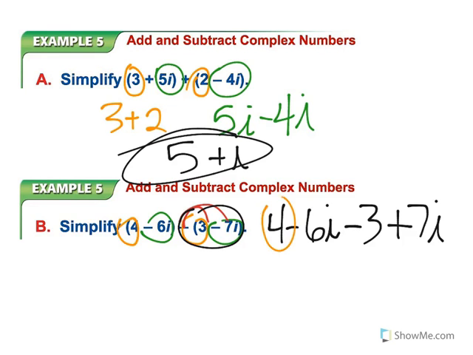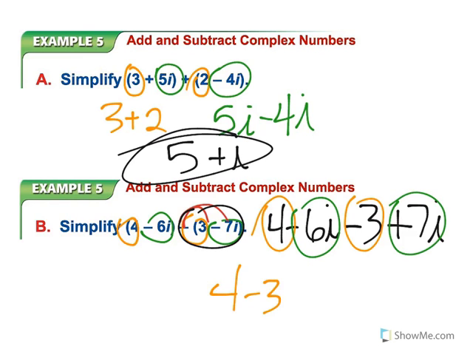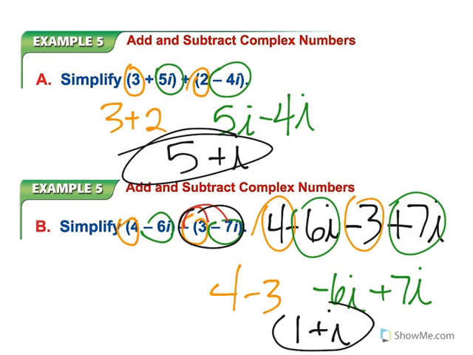Again, we take our real parts and add them together, and our imaginary parts and add them together. We get 4 minus 3 for my real part, and negative 6i plus 7i for my imaginary. So my overall answer is 1, because 4 minus 3 is 1. And then negative 6i plus 7i leaves me with 1i. So plus i, and that would be my answer.